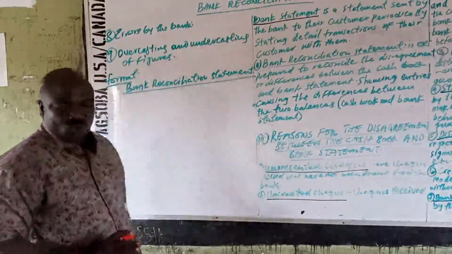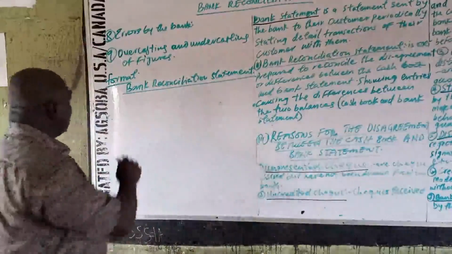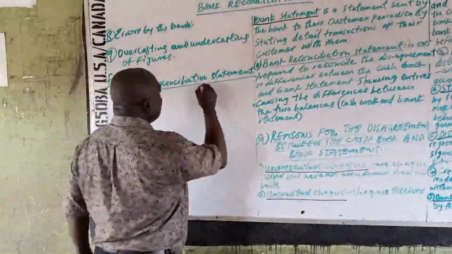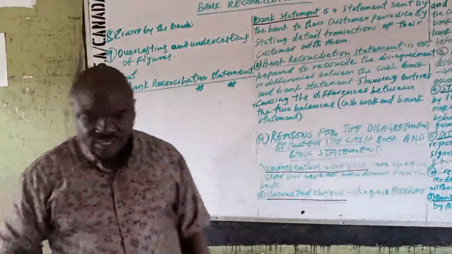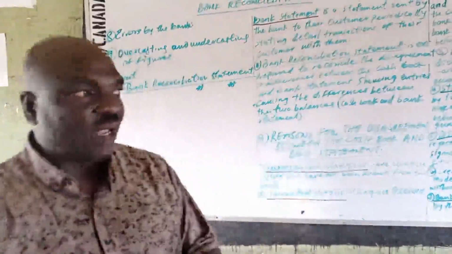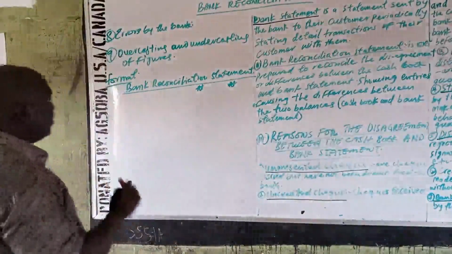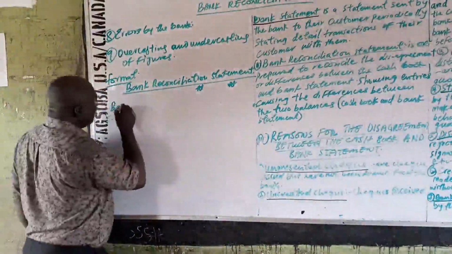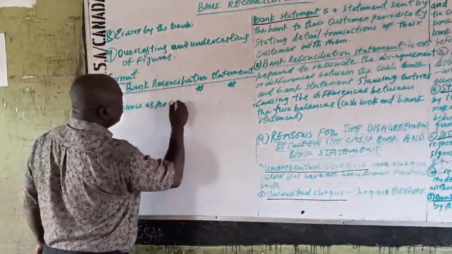Now, in the statement I want to prepare, either we start from the balance as per cash book or we start from the balance as per bank statement. But here we're going to start with balance as per cash book.